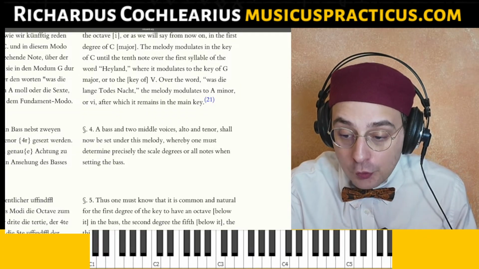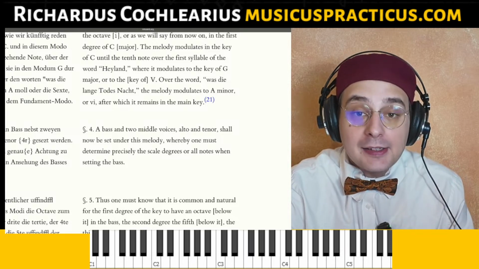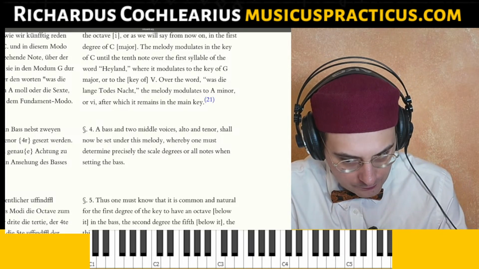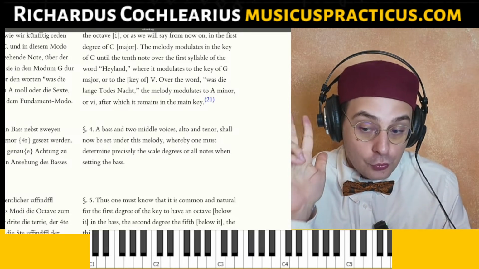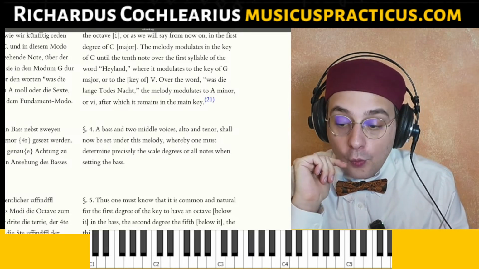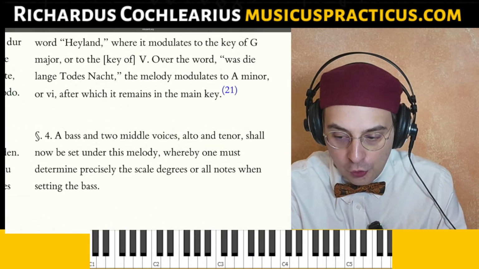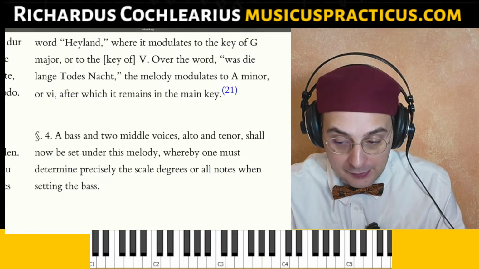Now, point number 4. A bass and two middle voices, alto and tenor, shall now be set under this melody. One must determine precisely the scale degrees of all notes set in the bass.